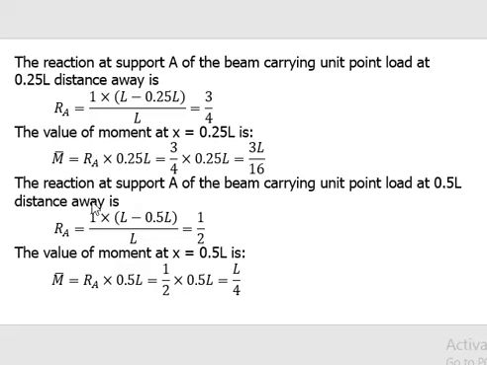The reaction at support A of the beam carrying unit load at 0.5 L distance away is, using the formula, 1 over 2. The value of the moment at that same position is RA times 0.5 L. That is 1 over 2 times 0.5 L, giving us L over 4.